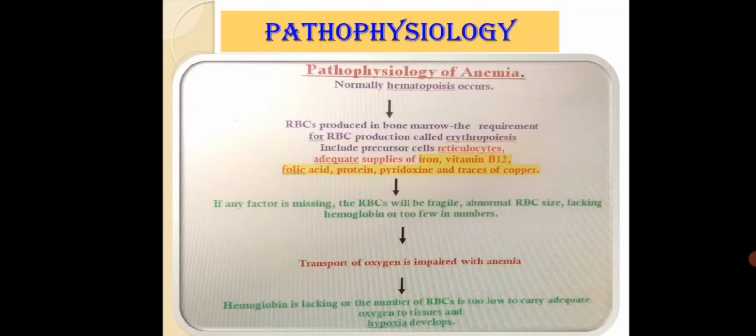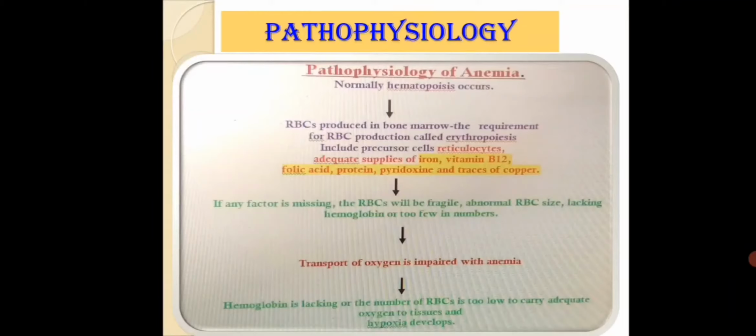So RBCs are produced in the bone marrow, and for the formation of RBCs there is a requirement of some elements. The production of red blood cells is called erythropoiesis. Basically hematopoiesis is production of blood cells, and erythropoiesis is production of red blood cells, which happens in bone marrow.